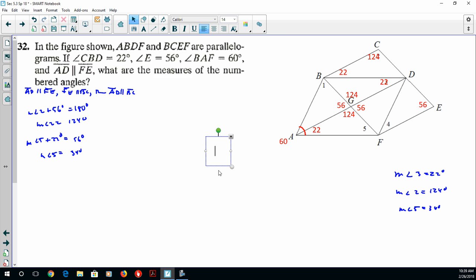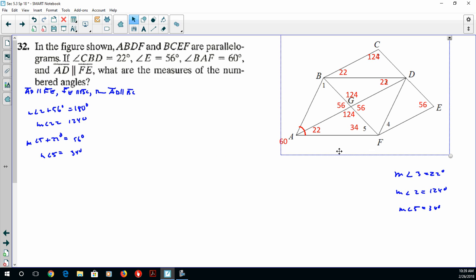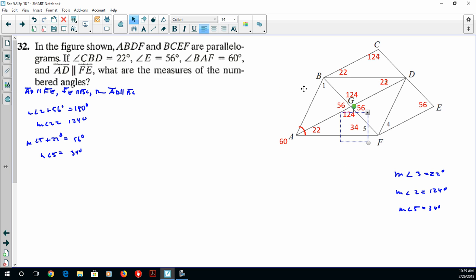As long as I'm at it, let me put it in up here. I don't think I'm going to need that. Okay, what is the measure of that angle?